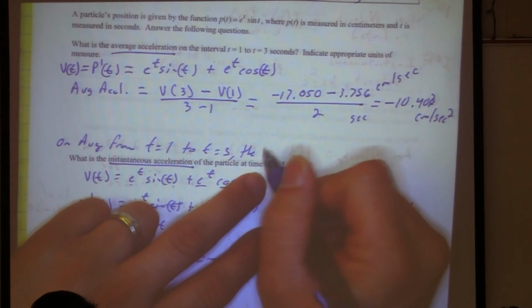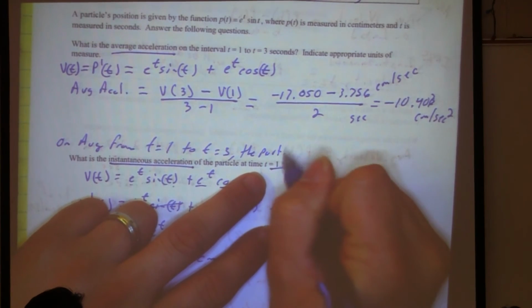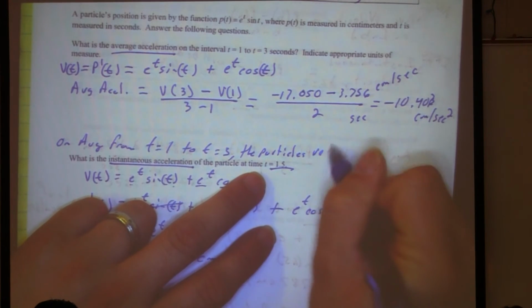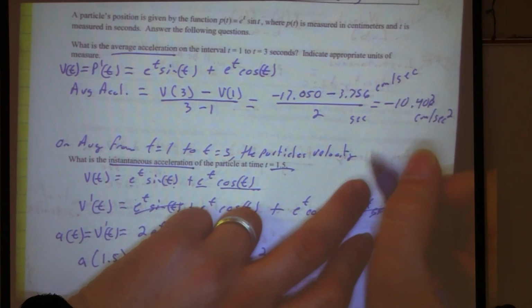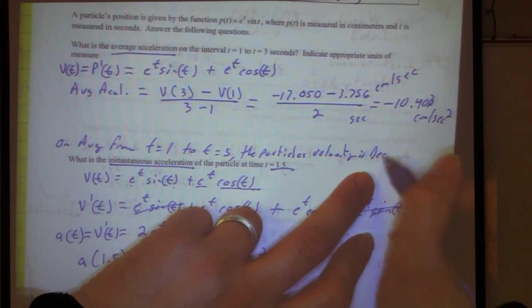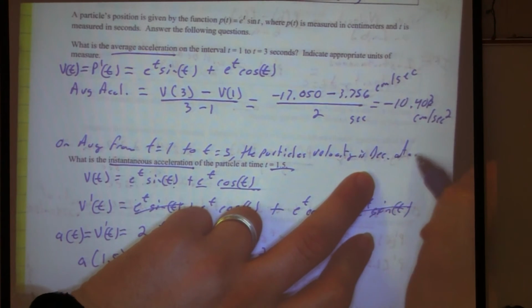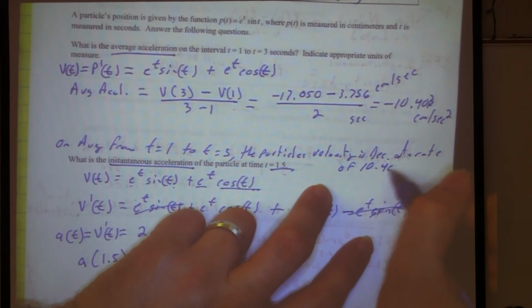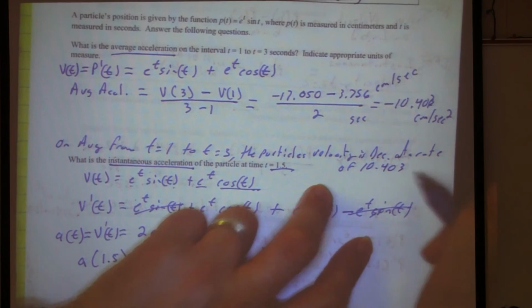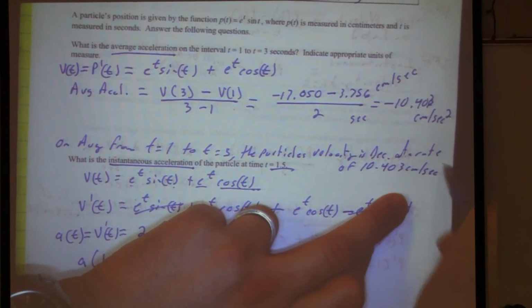Okay, so the particle's velocity is decreasing at a rate of 10.403 centimeters per second squared.